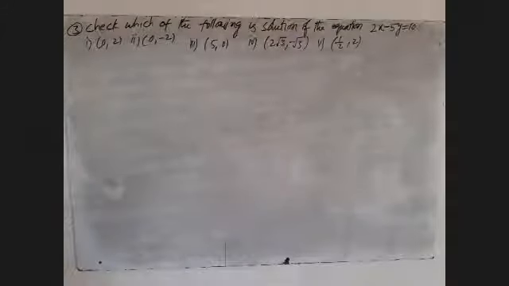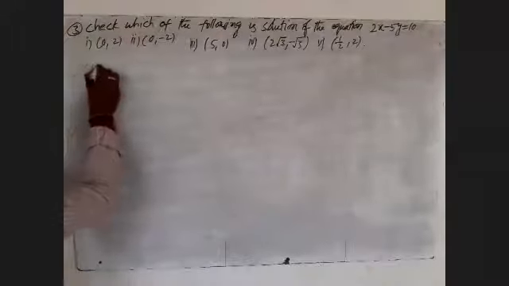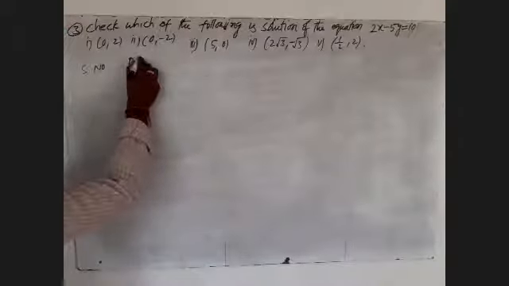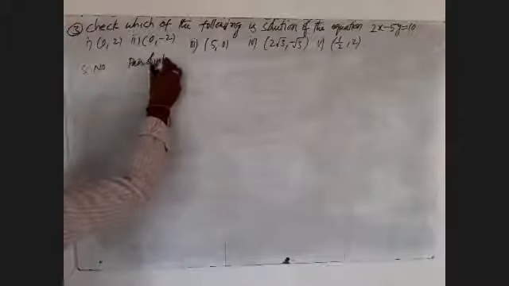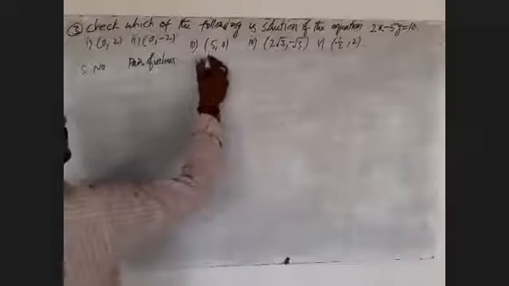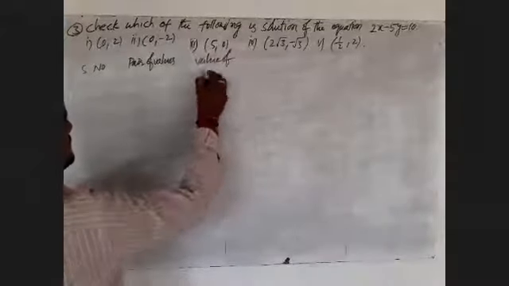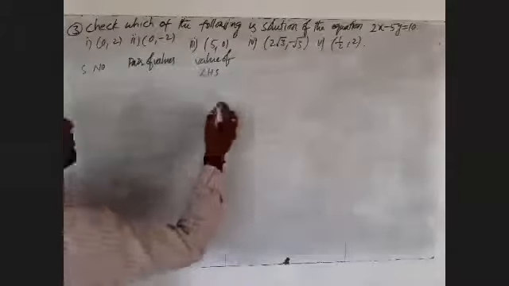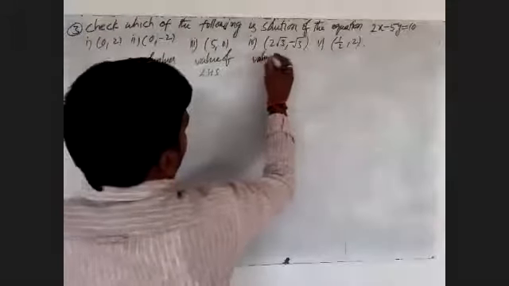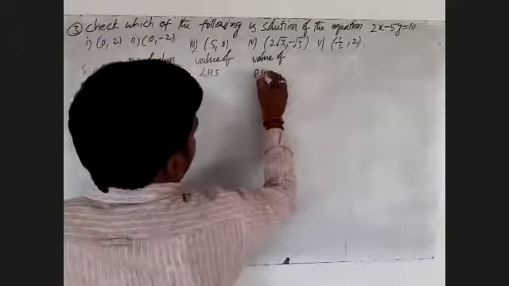I already explained these types of problems. First, the serial number. After that we take the pair of values. After that we take the value of LHS, then the value of RHS.